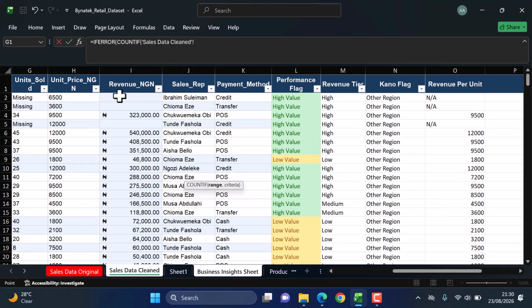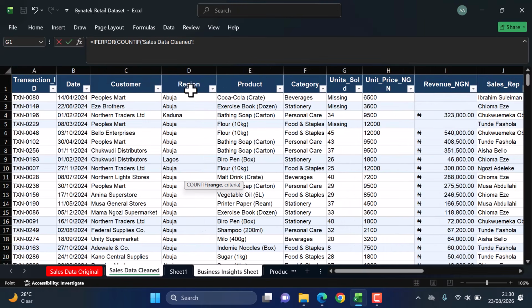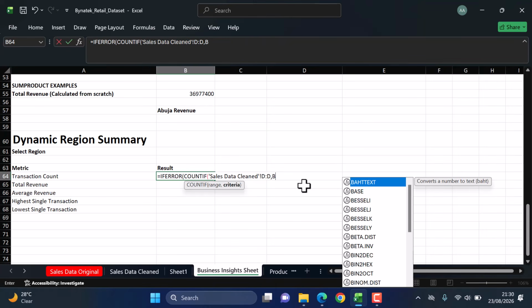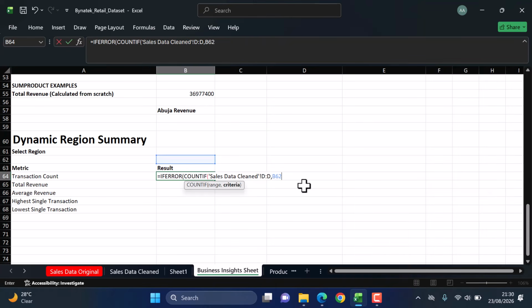All right, let's see if it will work the way I think it should. Let's check the D column. And then what's the... so B62, right?